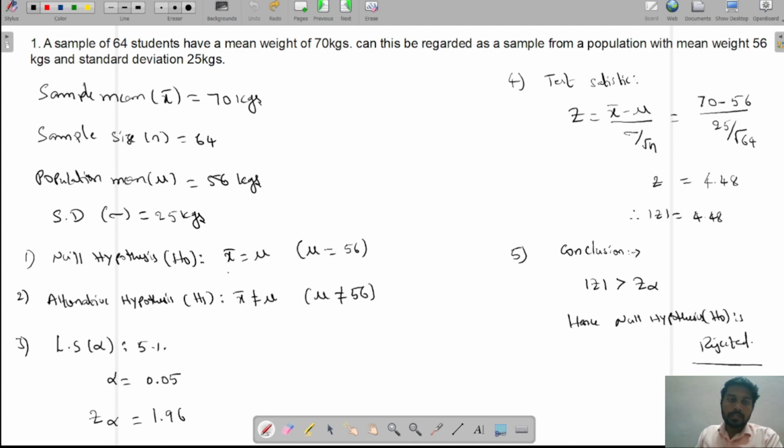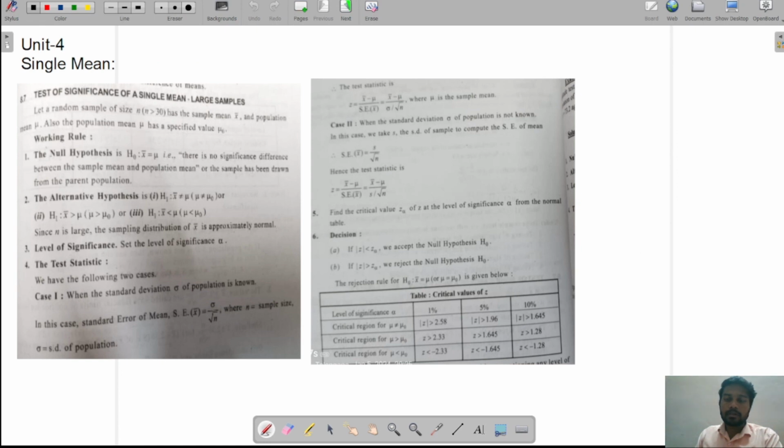So coming to the second question, the homework sum, I mean that example sum, 10 percent, and here first row not equal, second row greater than, third row less than. So which will be considered here? Will you consider not equal, or greater than, or less than? Tell me.